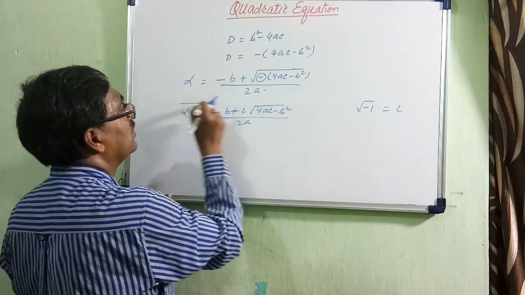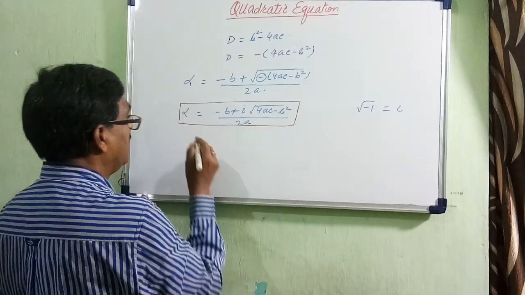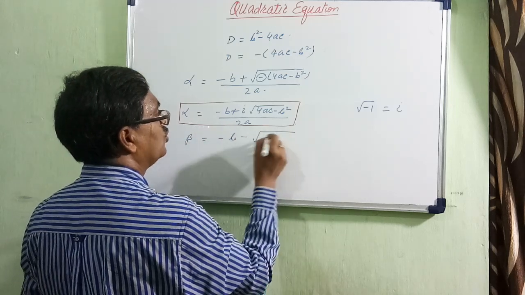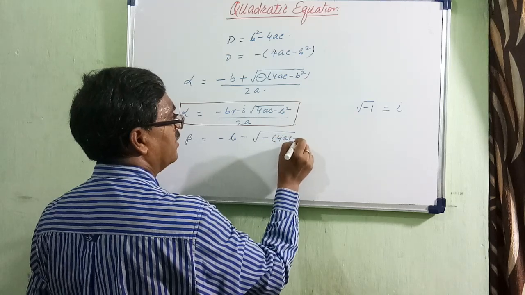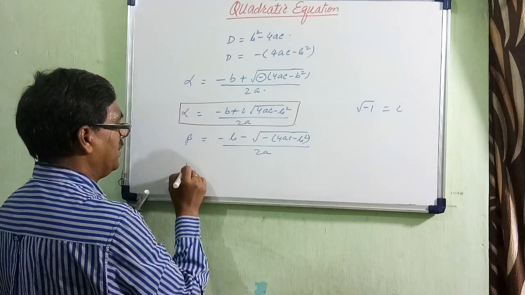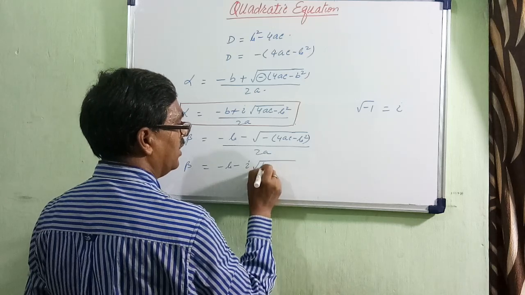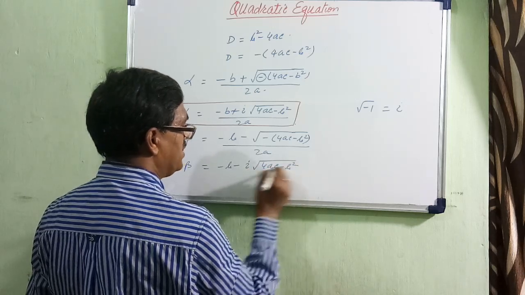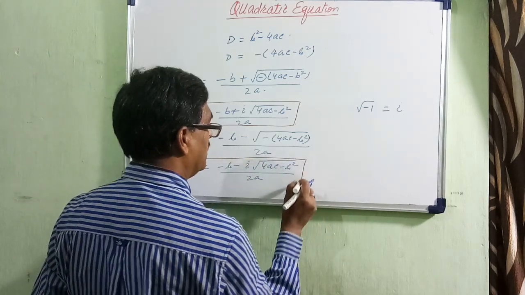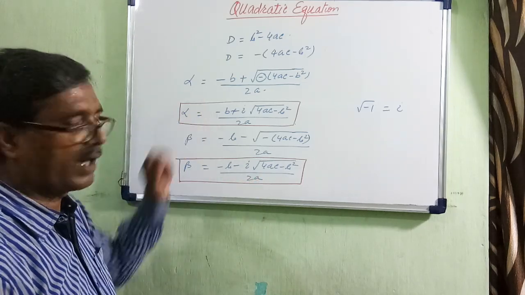This is your first imaginary root. Second, beta is equal to minus b minus root over minus of 4ac minus b square divided by 2a. Then beta is equal to minus b minus I root over 4ac minus b square divided by 2a. So these are called imaginary roots.